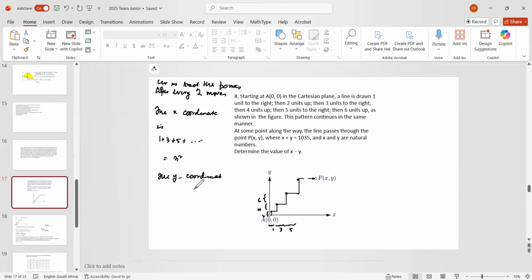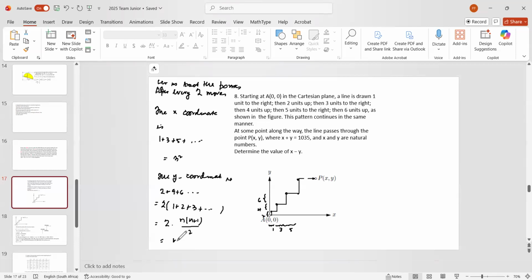if you look upwards now, is 2 plus 4 plus 6. And that is 2 into (1 plus 2 plus 3). And we know that when you add the first n natural numbers, the sum is n into (n plus 1) over 2.